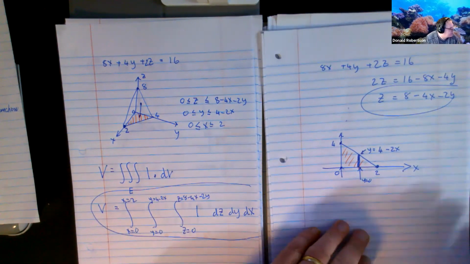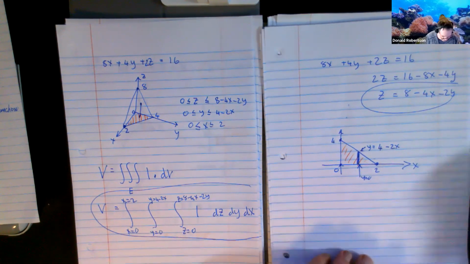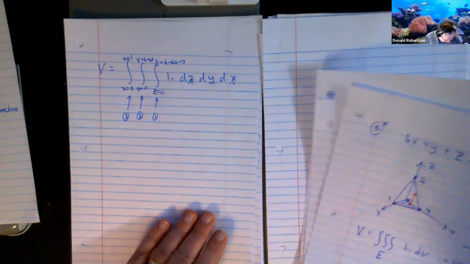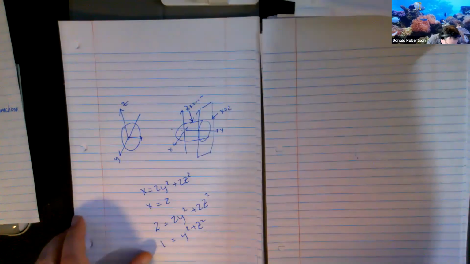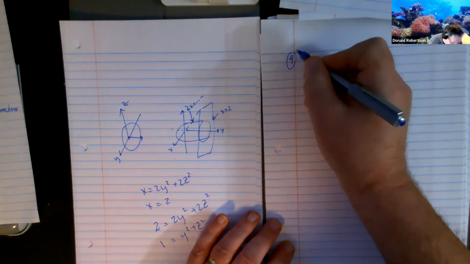Okay, I think we'll get time for one last one. And this one is going to be a version of question 9. A lot of stuff here. They want to find the volume of a solid.